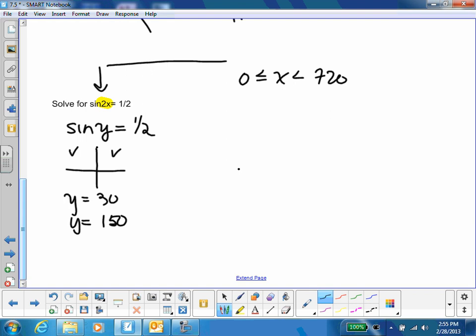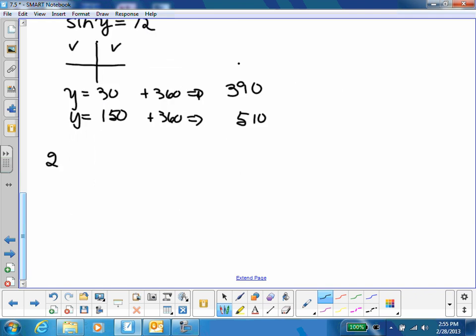Does that make sense? And so we're going to go around again. And so we're going to add 360 to get our second one, which gives me 390. And then we're going to add 360 again to my other answer, correct? Because remember, my answers are going to fall between 0 and 720. And now that's going to give me 510.